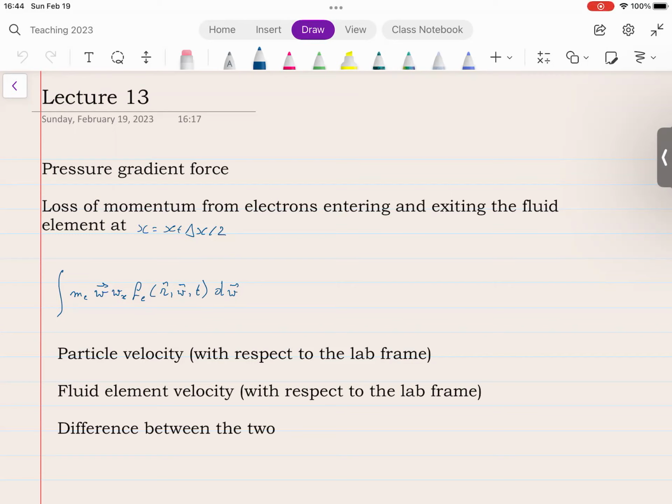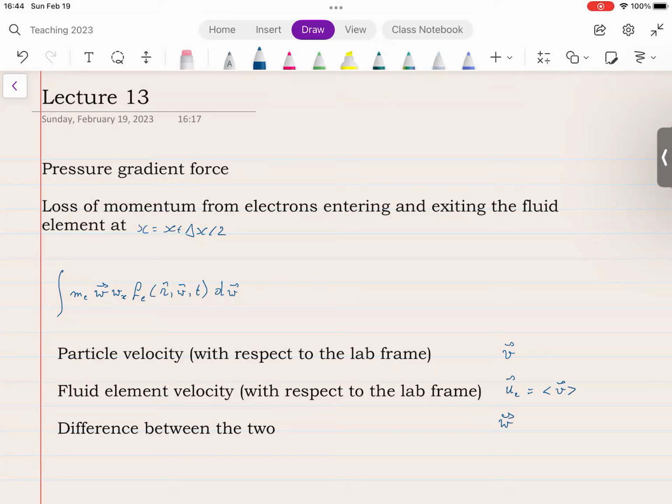We called the first one V, the second one U sub E, and the third one is W, where U sub E is the average of V by definition.